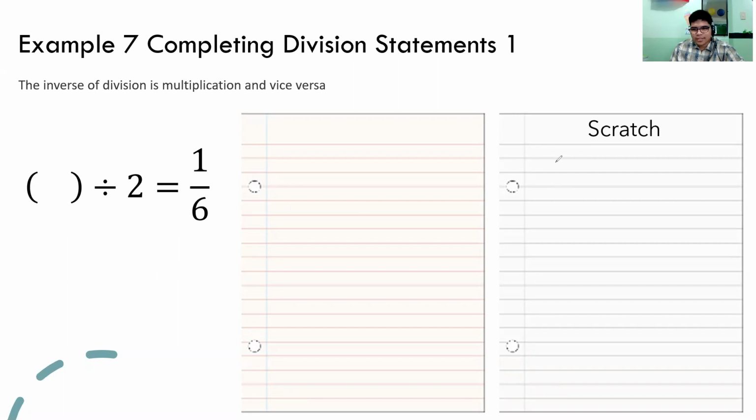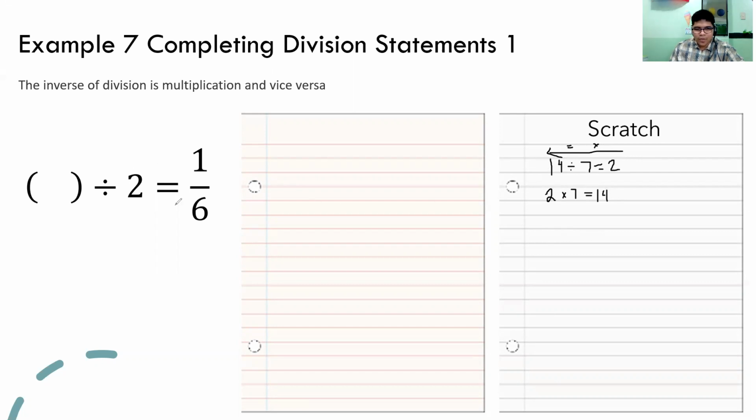But first, a review. 14 divided by 7 is equal to 2. If we do the opposite and change it to multiplication and an equal sign, it will be the same. For example, 2 times 7 equals 14, correct?